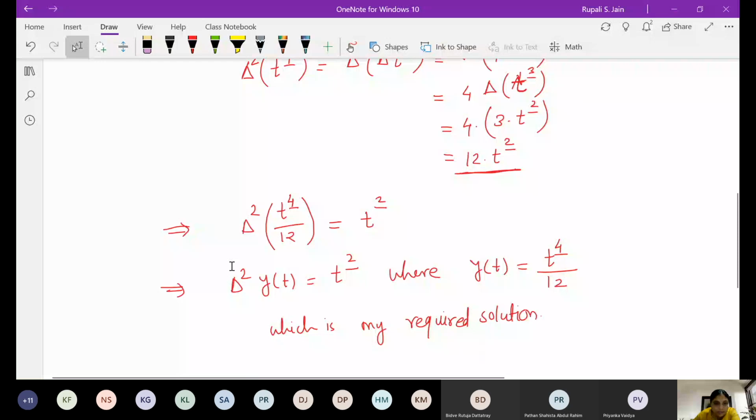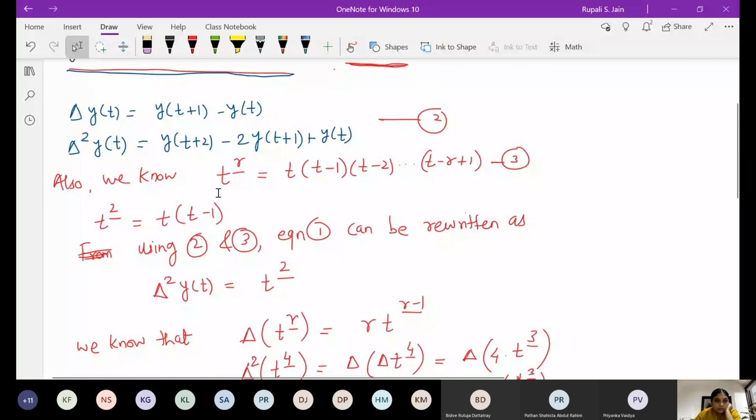I want to find a function which satisfies this equation. So y t equal to t to the 4 falling divided by 12 satisfies this one. So we get y t is equal to t to the 4 falling divided by 12 is the solution of this difference equation.